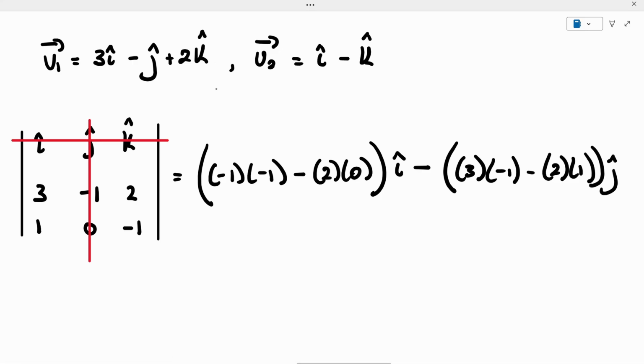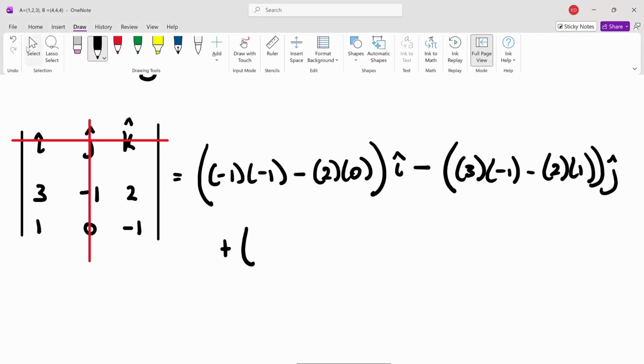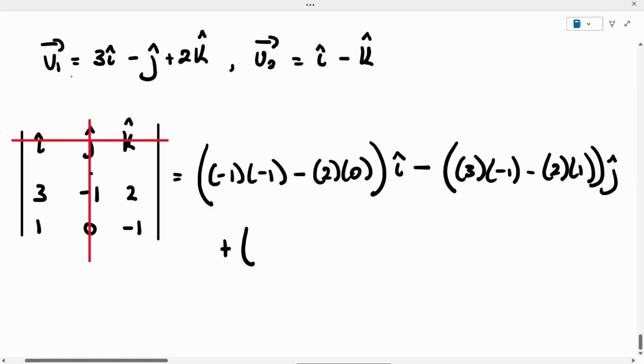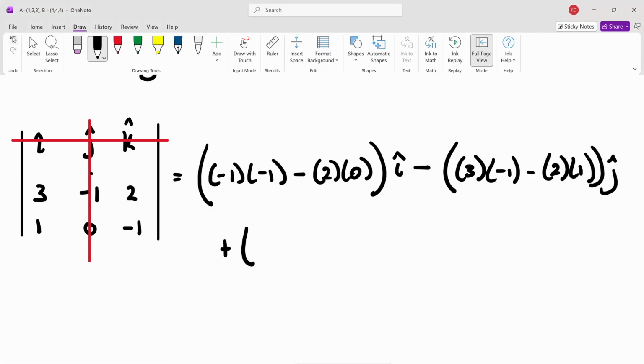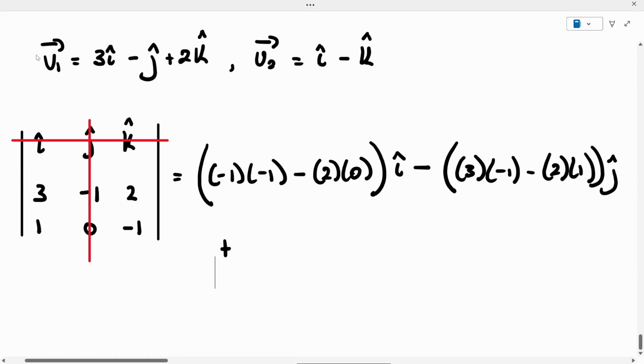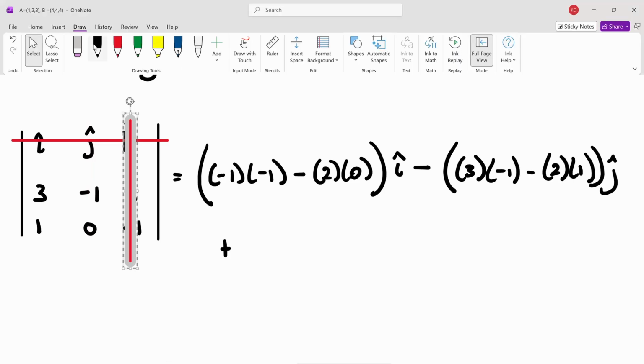j, change the sign, plus. Now we block the third column.